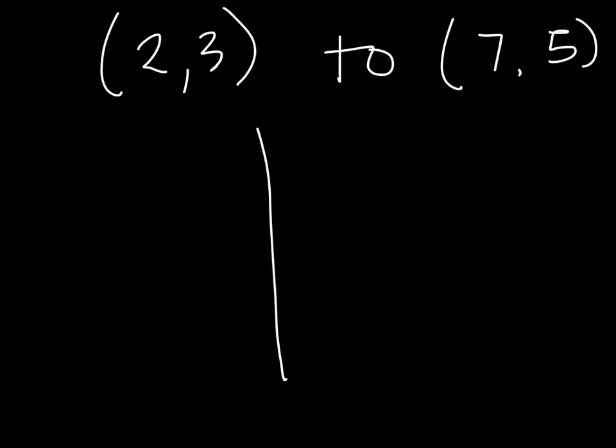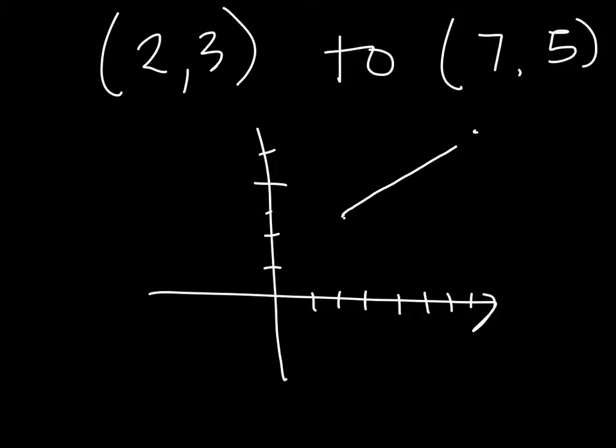On the coordinate plane, it's very easy to see. These are two points. So we'll graph 2, 3 there, and we will graph 7, 5 up here.